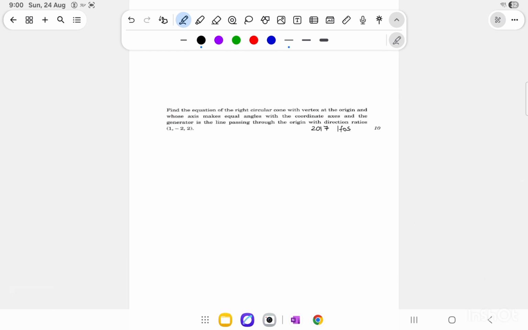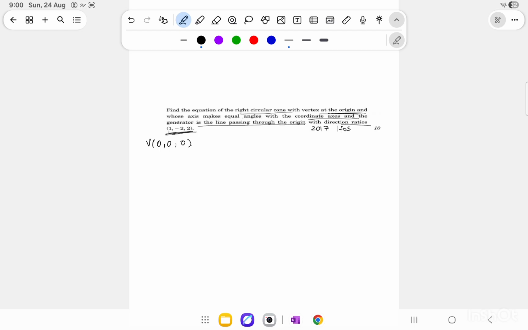So the next question says that find the equation of the right circular cone with vertex at the origin. So the vertex is 0, 0, 0, and its axis makes equal angle with the coordinate axes, and the generator is the line passing through the origin with direction ratios 1, minus 2, 2.